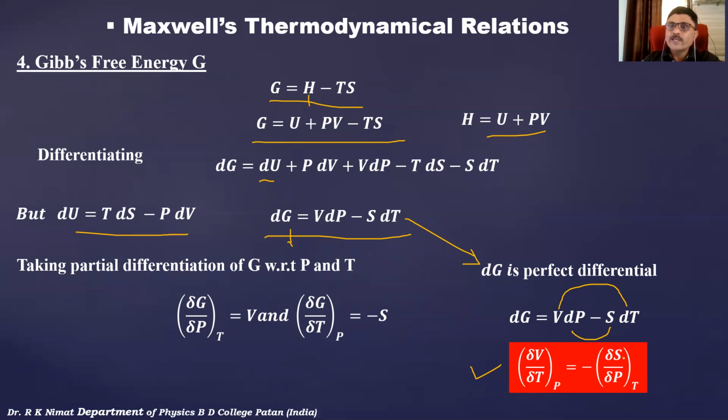Wherever it is not possible to change the entropy with respect to pressure, you can change the volume with respect to temperature by keeping the pressure constant. So this is the physical meaning of this fourth thermodynamic relation. In a similar way, you can give the physical meaning of all the other thermodynamic equations.